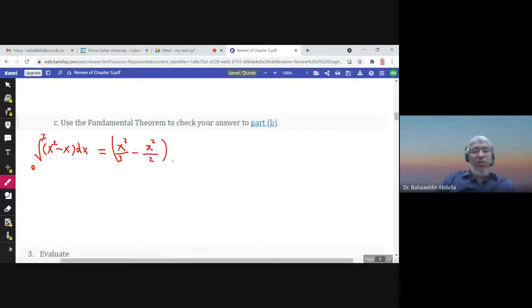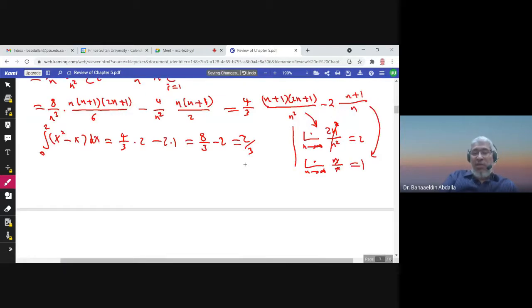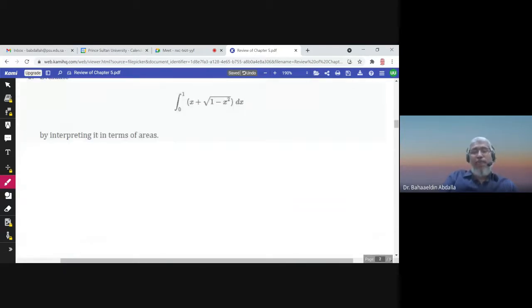And then from 0 to 2. So now you replace x by 2. So 8 over 3 minus 4 over 2, which is 2, minus, you replace x by 0 to get 0. So 8 over 3 minus 6 over 3 again equals 2 over 3, and it is exactly the same answer.